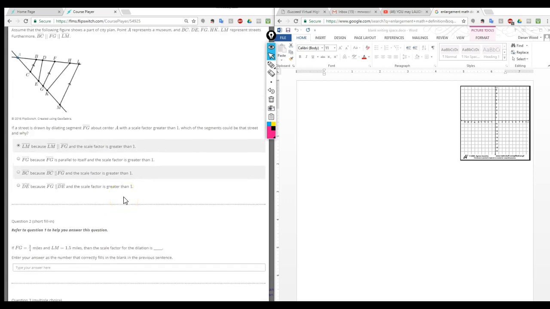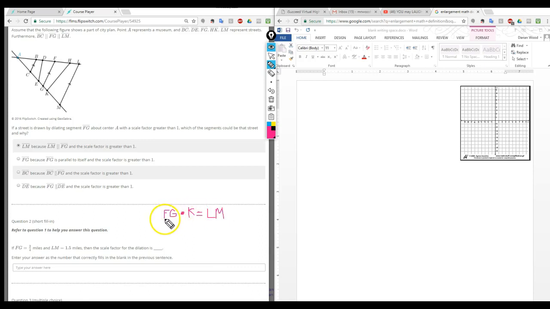Alright, refer to question 1 to help you answer this question. If FG equals 3/4 miles and the length of LM is equal to 1.5 miles, and the scale factor for the dilation is blank. So this is how I think of it. If you take the distance of FG and you multiply it by your scale factor, that has to give you the length of LM.